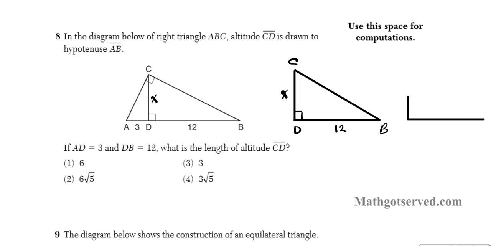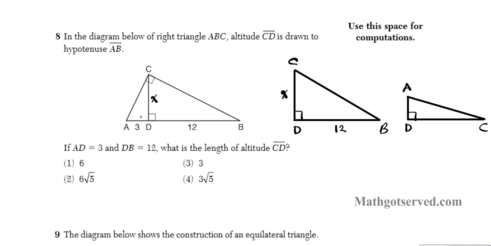You see the 90 degrees is right here for CDB, so my 90 degrees is going to be here, all right? And this is going to be D, and then this is going to be A, and this is going to be C.